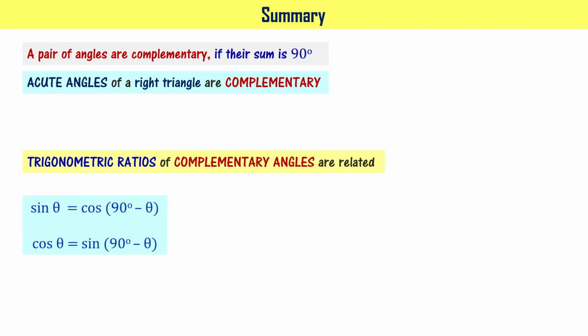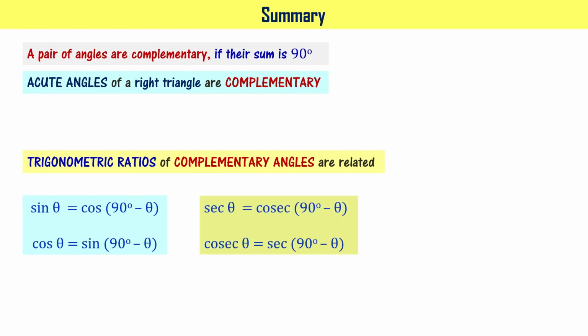And the relation is sin theta equal to cos 90 minus theta and cos theta equal to sin 90 minus theta, right? Sec theta equal to cosec 90 minus theta and cosec theta equal to sec 90 minus theta. Tan theta equal to cot 90 minus theta and cot theta equal to tan 90 minus theta. Please note these relations. You will be using them to solve some of the problems, right?